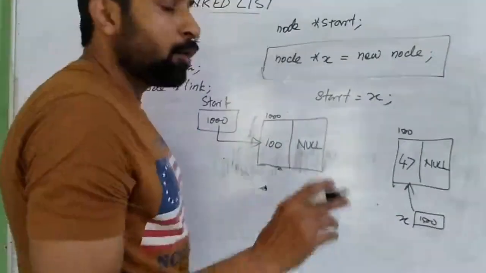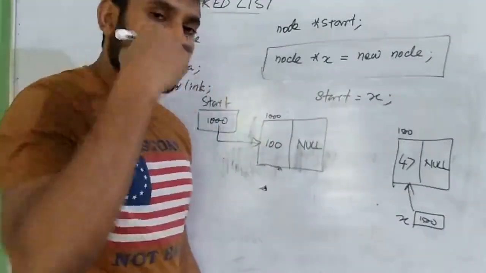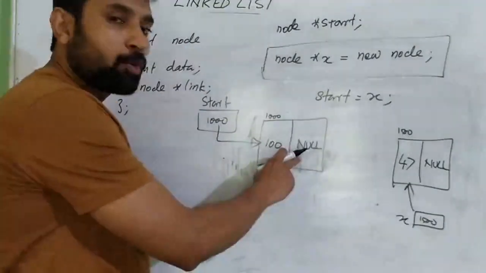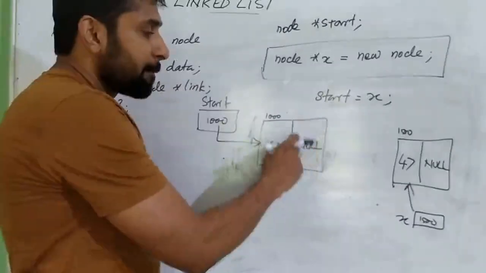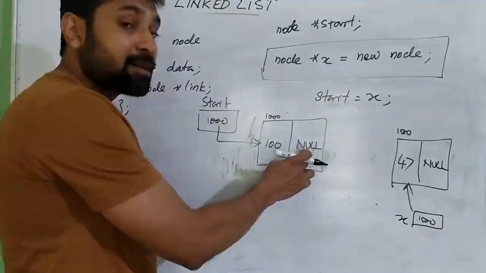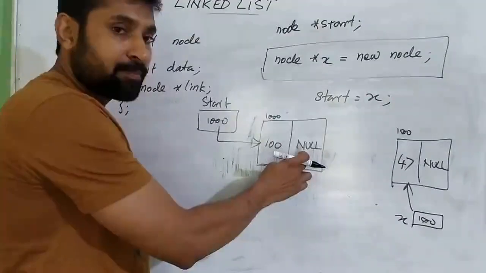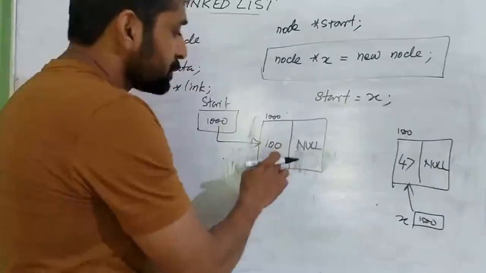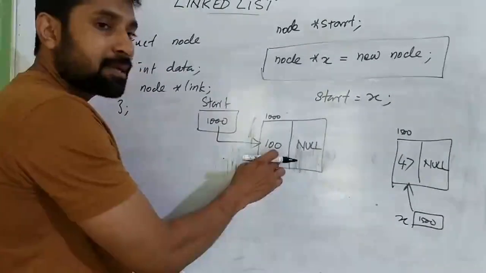Right? Now the point is, if it is not the first node, the address is to be stored in the last node of the linked list. The last node of the linked list is now the start node itself.